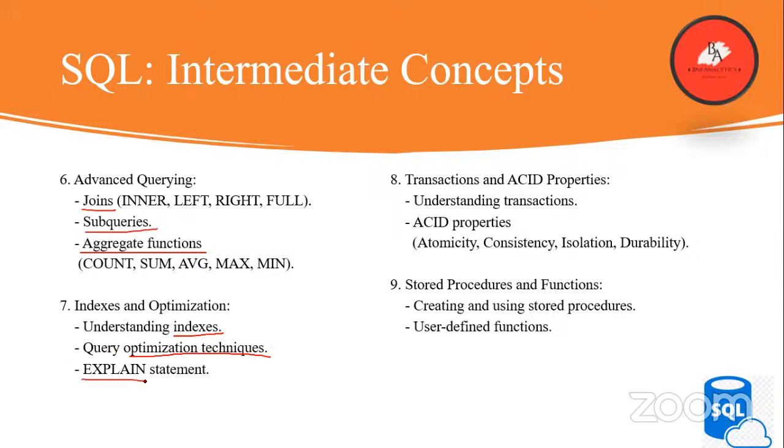Explain statement: how the explain statement optimizes your queries. Transactions and ACID properties, okay, atomicity, consistency, isolation, and durability. How these work in SQL. Moving ahead with the stored procedures and the user-defined functions.